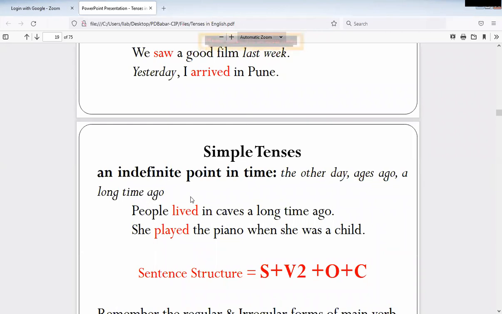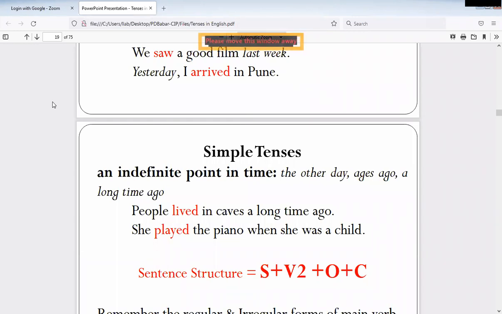Let's see the first example: People lived in caves a long time ago. Long years ago, there were the tribal people, the ancestors of us that lived in caves.